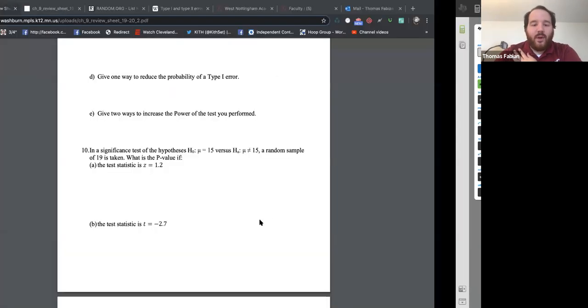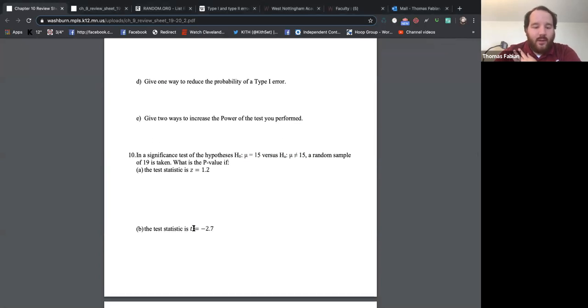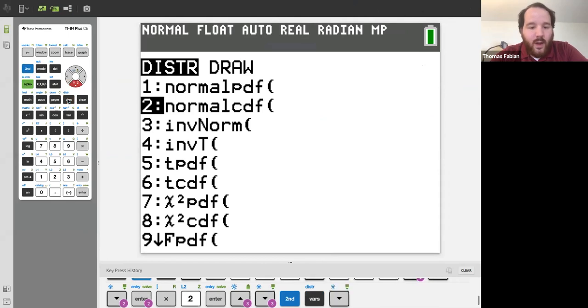Okay, so if I was doing letter B, and we have t equal to negative 2.7. We'll treat it the same way. We need both sides, but this time we'll go the other way, from negative infinity to negative 2.7. And then we're using a t distribution. So I would go to 2nd Vars, and then tcdf.